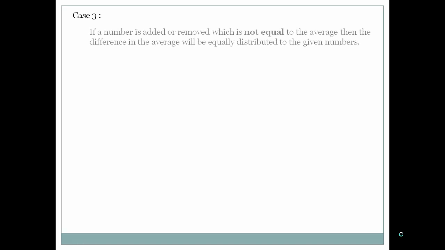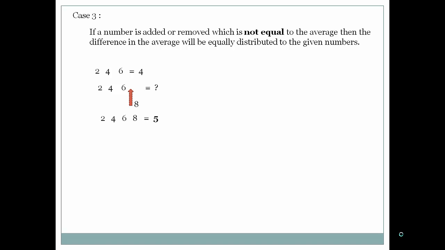Case 3. If a number is added or removed which is not equal to the average, then the difference in the average will be equally distributed to the given numbers. Consider 2, 4, 6, which gives you the average 4. Now I am going to add a number 8, which is not equal to the average.